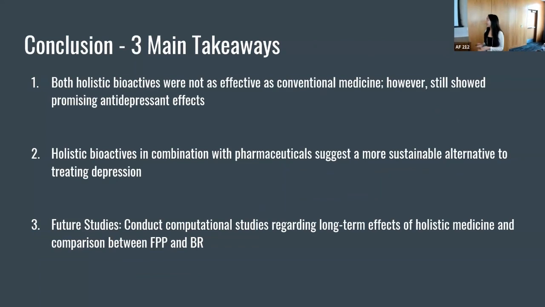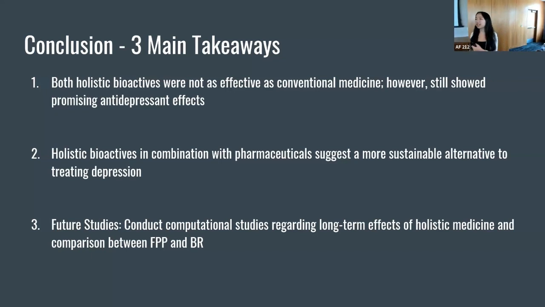So out of this primitive study, I want to point out three main takeaways. The first being that although holistic bioactives were not as effective as our pharmaceutical medicine, they still showed some promising antidepressant effects. Secondly, our study isn't aimed to replace Western medicine or replace antidepressants.